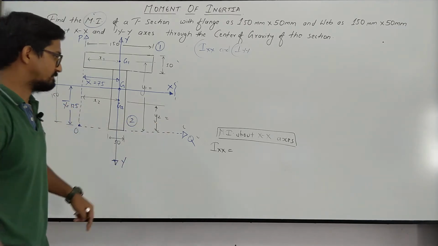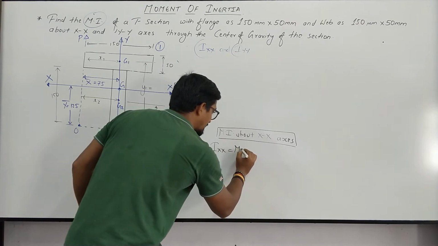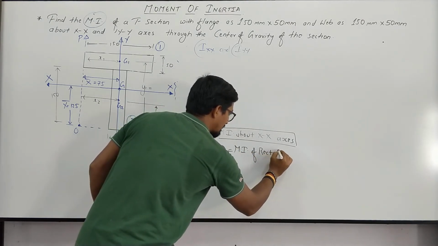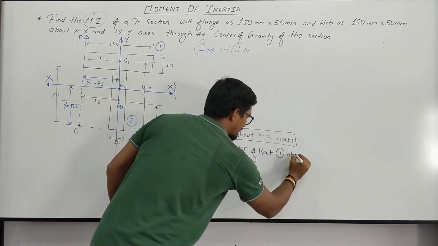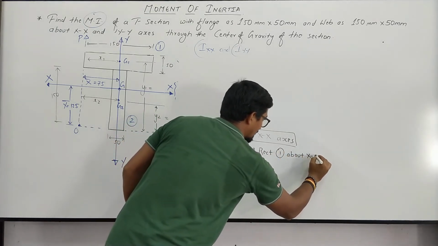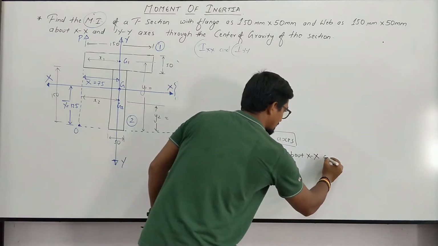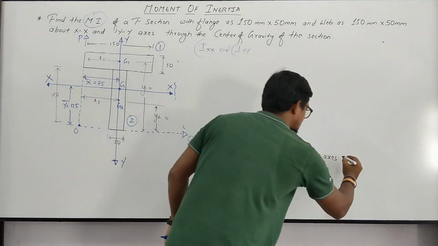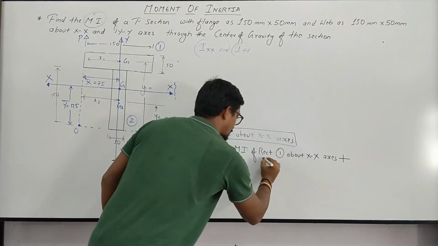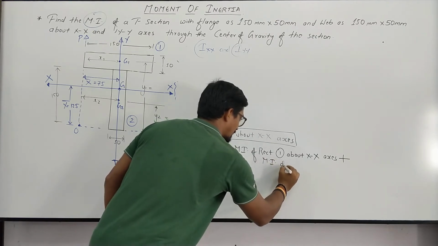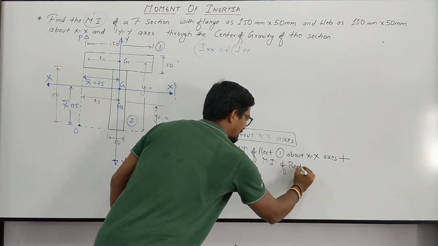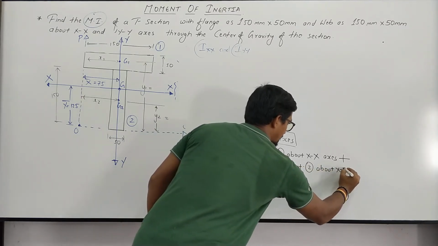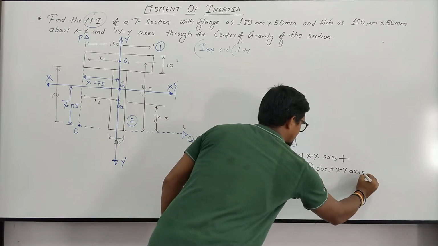Ix is equal to moment of inertia of rectangle 1 about x axis, correct, plus moment of inertia of rectangle 2 about x axis.